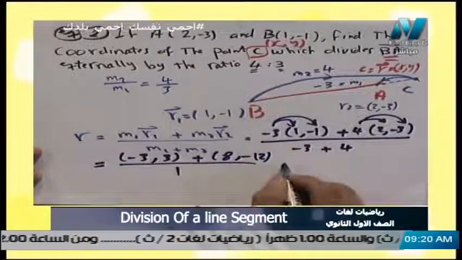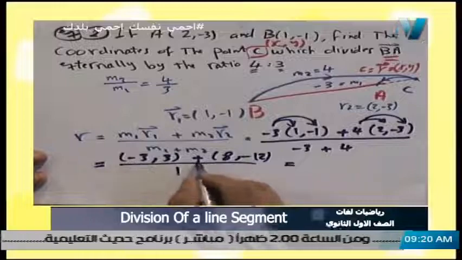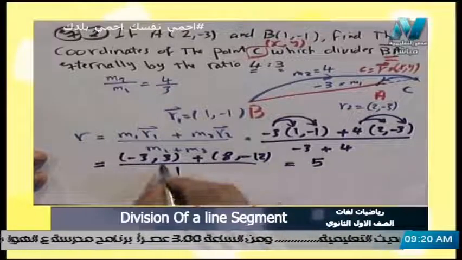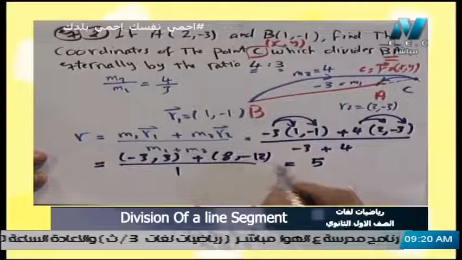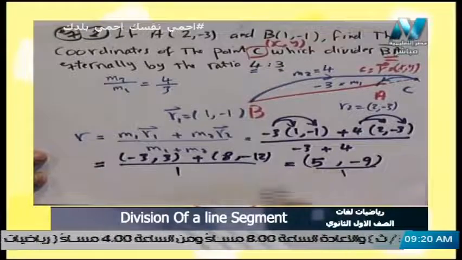Okay, negative 3 plus 8 equals 5, and 3 plus negative 12 equals negative 9, all of them over 1.